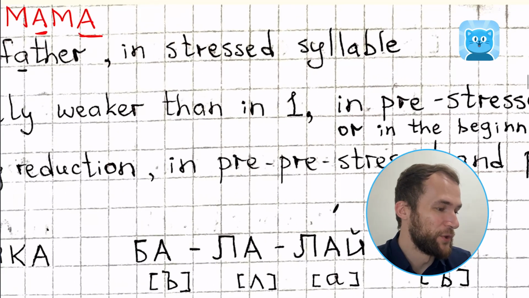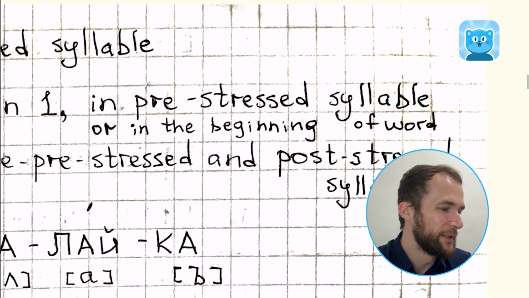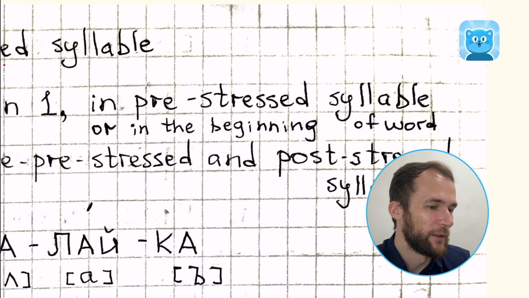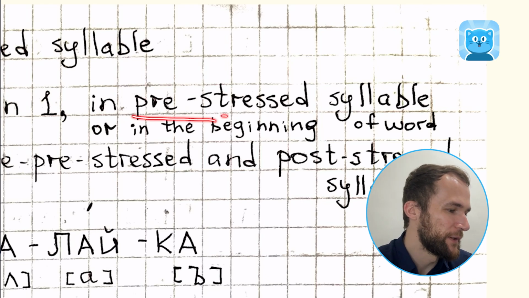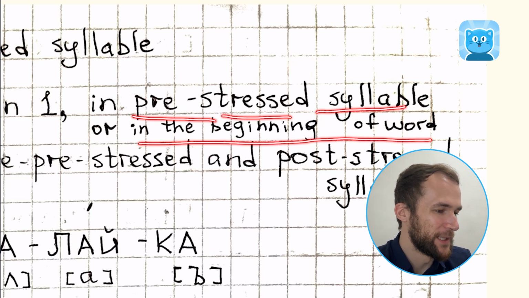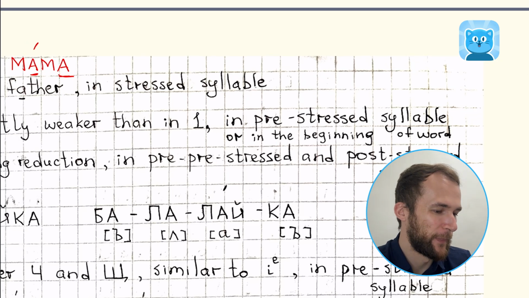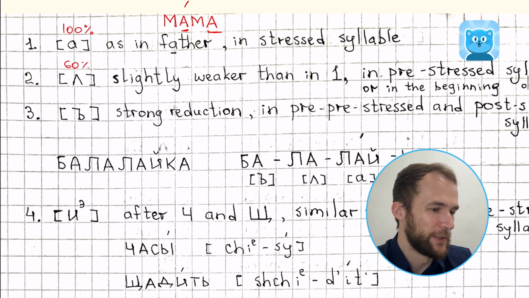Then in number 1, which is a stressed syllable, and it comes in a pre-stressed syllable or at the beginning of the word. So what does it mean? Pre-stressed syllable or at the beginning of the word. So let's take a look.